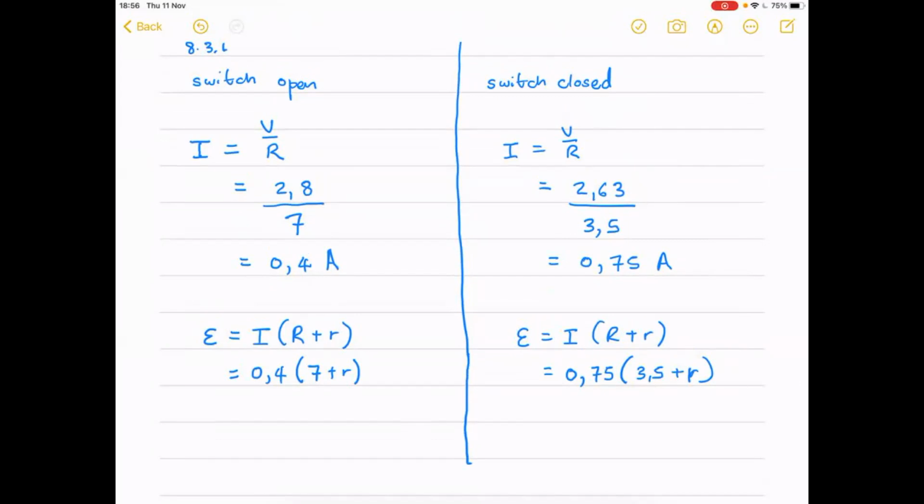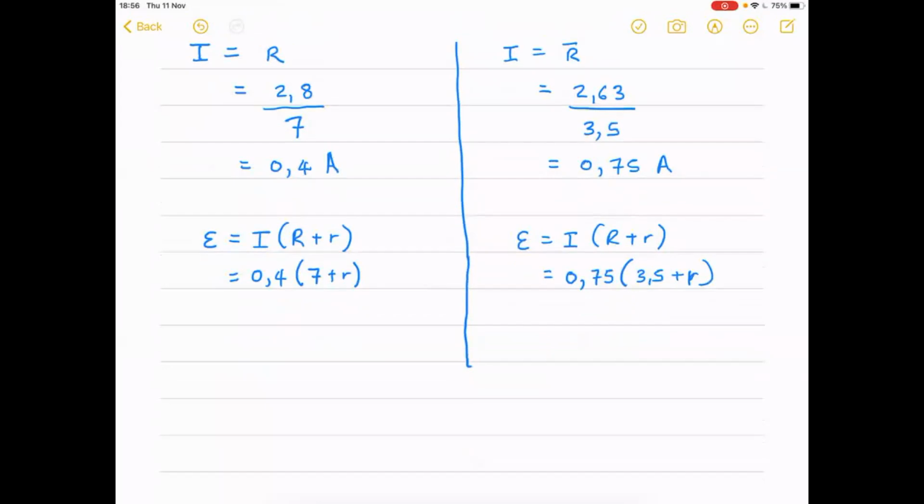So we can just equate these two equations. So 0.4 into (7 plus R) is equal to 0.75 into (3.5 plus R). Once you have that, you just expand it out and solve for R.